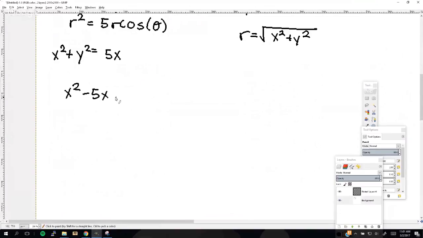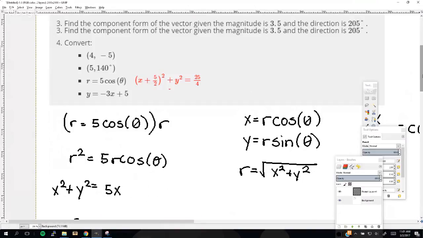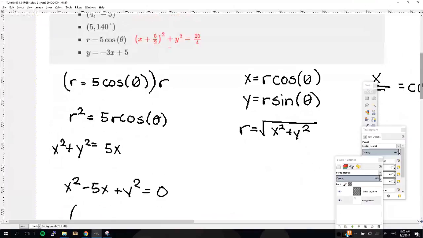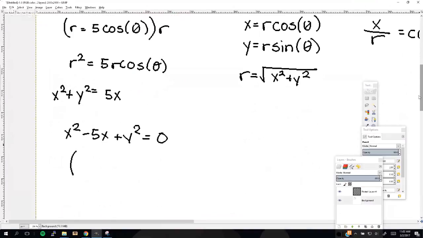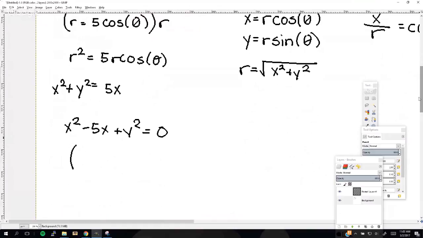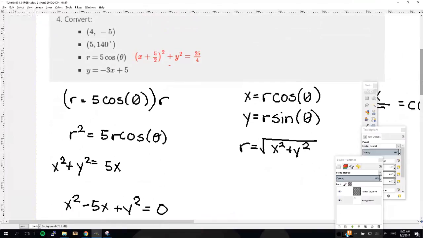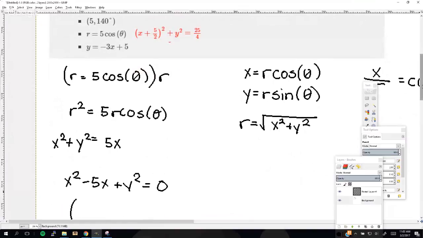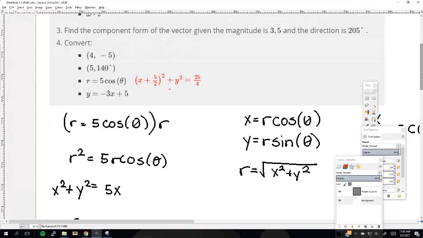I think the 9/4 will get moved to the right side. So you have x plus 3 halves squared plus y squared equals 9/4. I should send you the link to this.